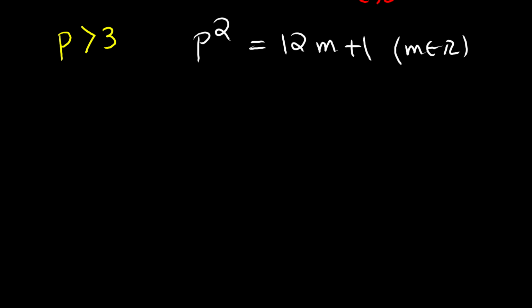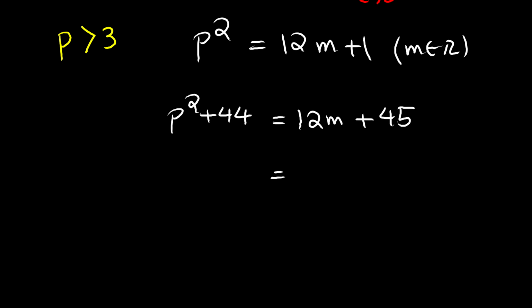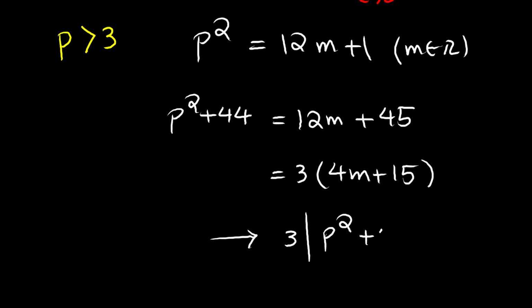Now, notice that we want p squared plus 44, so let's go ahead and add 44 to both sides to get p squared plus 44 is equal to 12m plus 45, which can be written as 3 times 4m plus 15, which indicates that 3 divides p squared plus 44, which means that p squared plus 44 is not going to be a prime number whenever p is greater than 3.